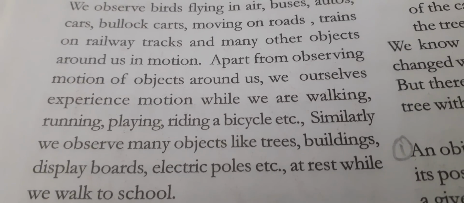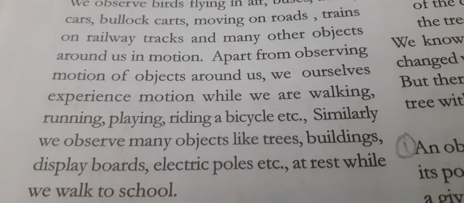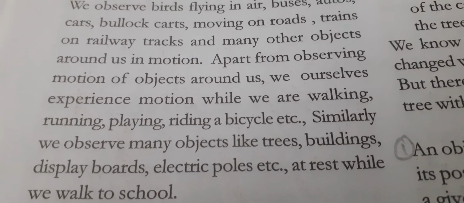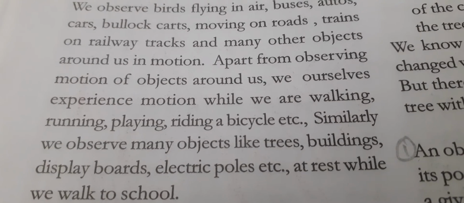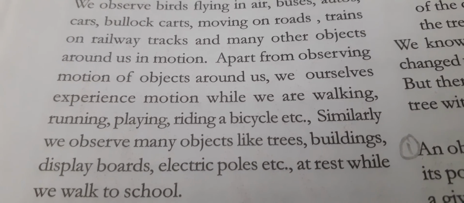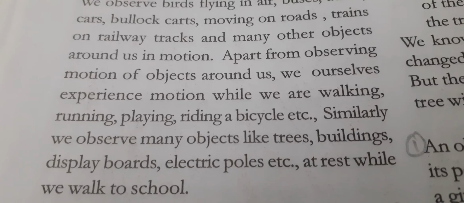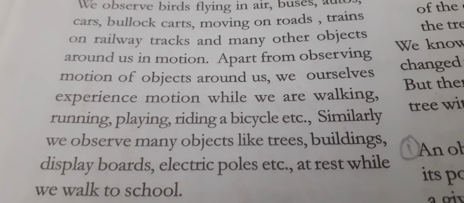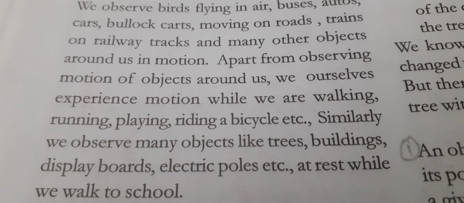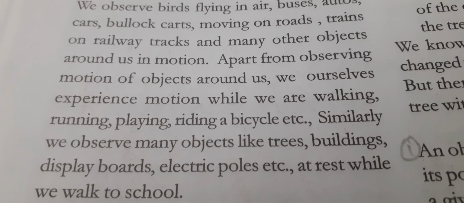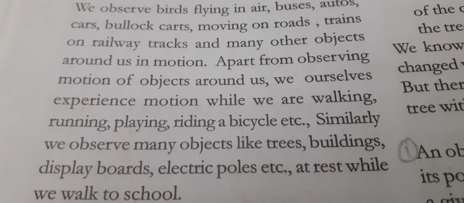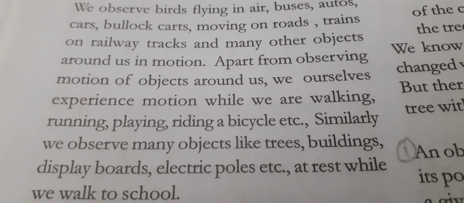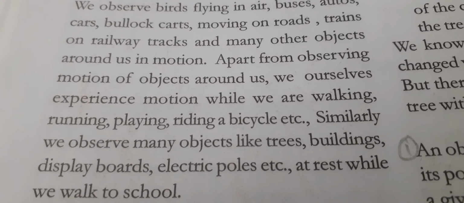Motion is nothing but movement. We already know that if an object keeps on changing its position with time, it is said to be moving or in motion. Rest means they are not moving; they are standing in one position.